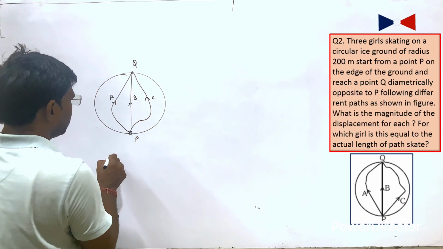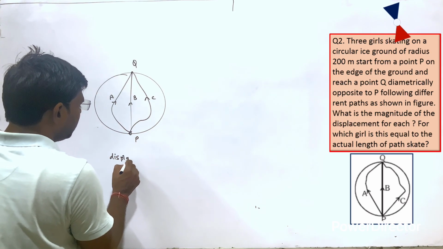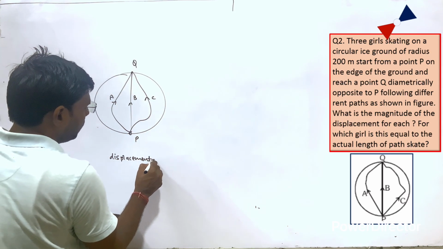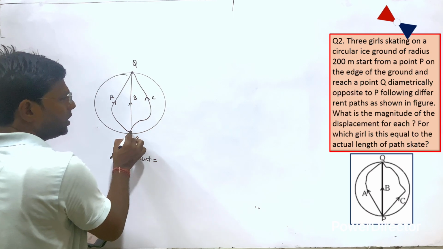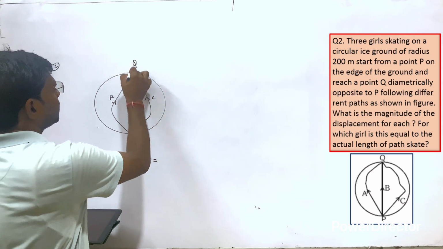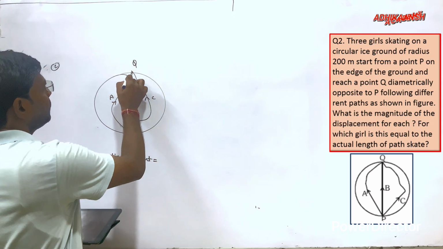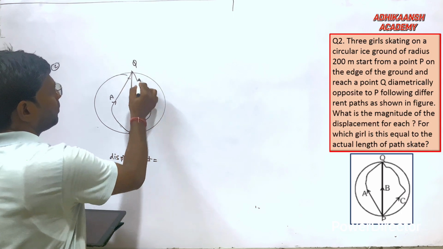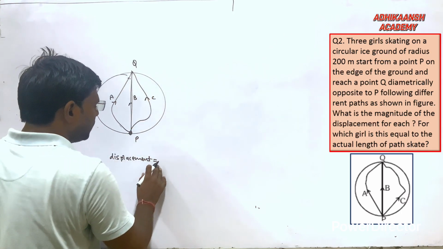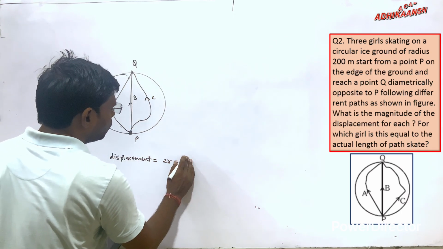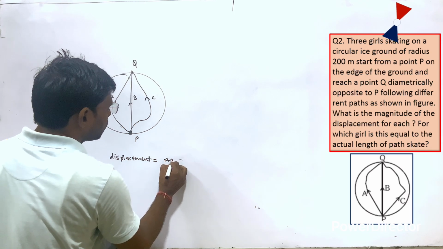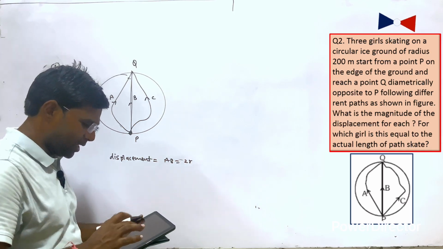So what is the displacement? The displacement in each case will be equal to what? The line joining the initial to the final position. So this is the displacement. This is the distance in path A, path B, path C. But the displacement in each case will be equal to AB, which is equal to 2R. Are you getting or not?